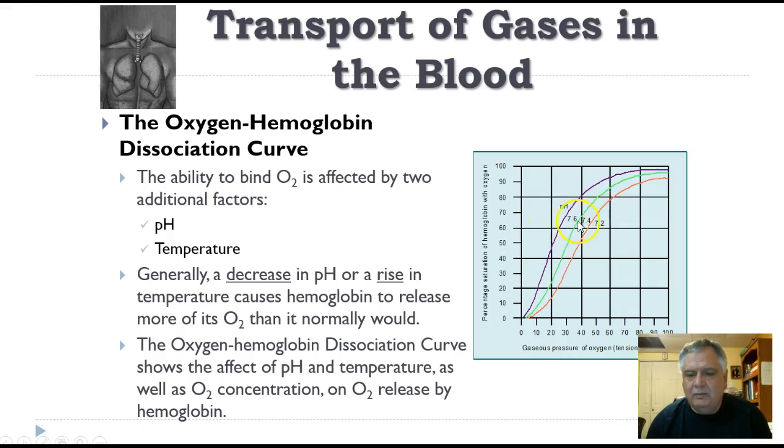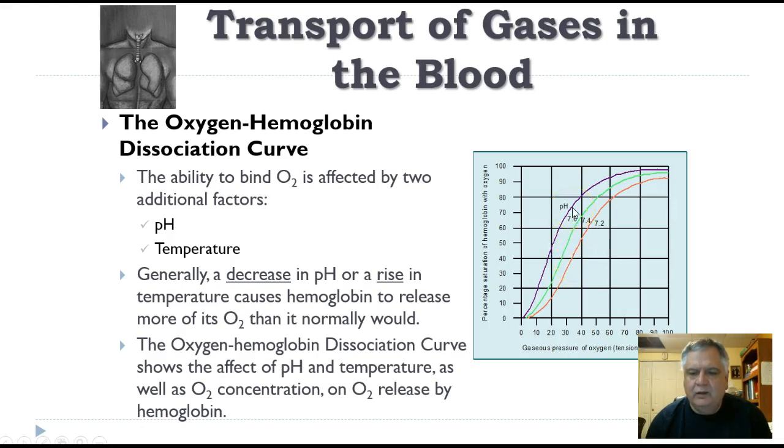Now, if we were looking at temperature, what would these be? Well, let's say the green line, what's normal body temperature? About 37 degrees Celsius. Well, what if the body temperature were 38 degrees Celsius? Which one of these lines would represent 38, do you think? Did you say this red line right here? Because the higher the temperature, 38 versus 37, the faster the oxygen is going to be released, so the steeper the line.